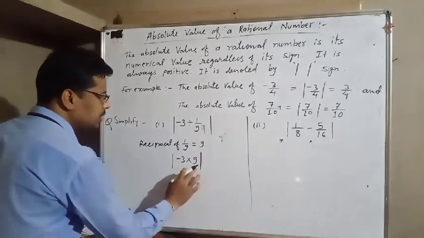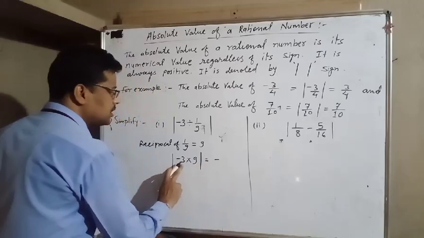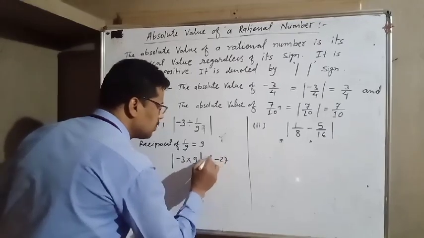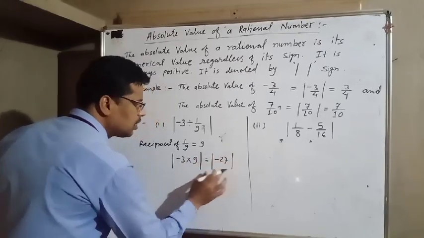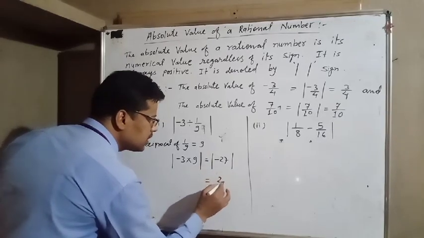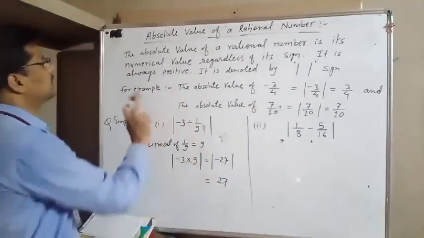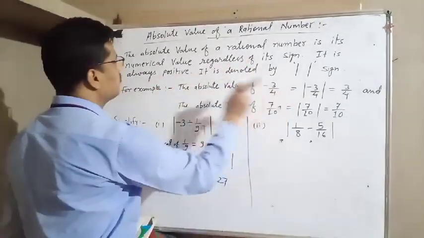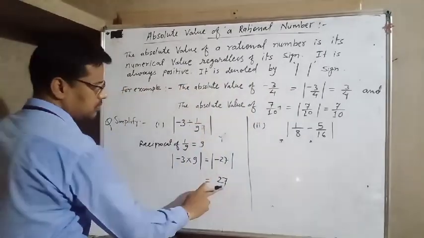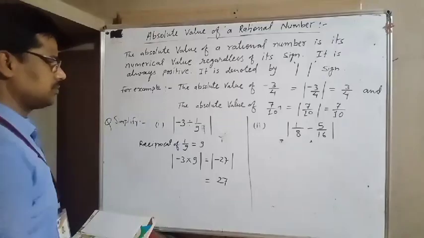We multiply minus and plus, so we write a minus sign, and 3 nines are 27. Now we have to find its absolute value. What is the absolute value of minus 27? It is 27, because absolute value is always positive. This is our required answer.